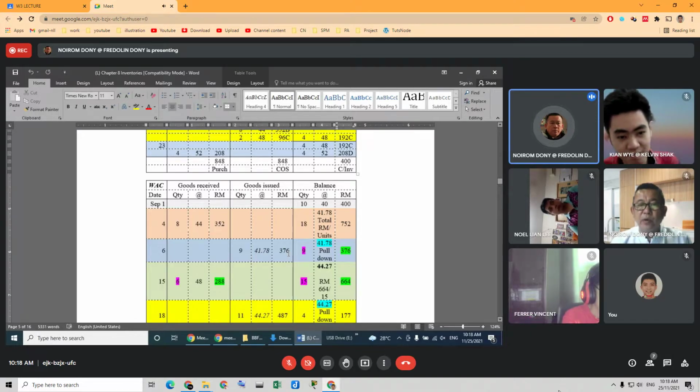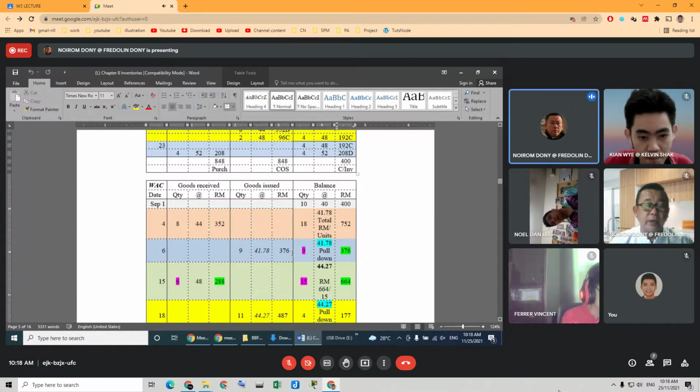Okay, you have to be consistent. If you have used two decimal places, you need to record two decimal places also. So this one is 376.02. Even though in the answer they have done the approximation, because we have used these two decimal places, you have to be consistent lah.